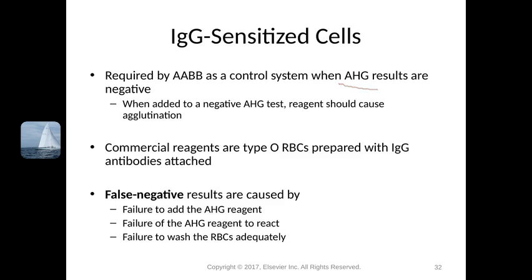So we will do IgG sensitized cells with anti-IgG or anti-AHG. And false negative results within this are we didn't add the AHG reagent to begin with, the AHG isn't working right, or we didn't wash the red cells correctly.